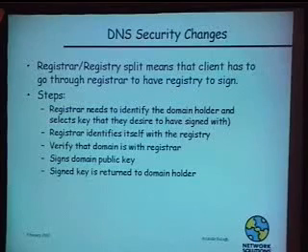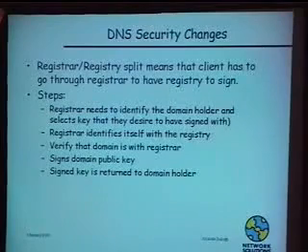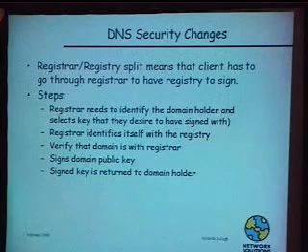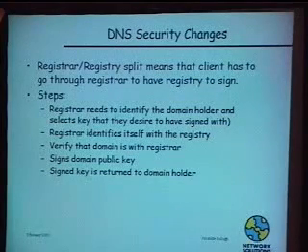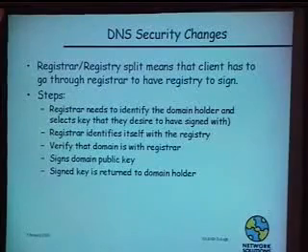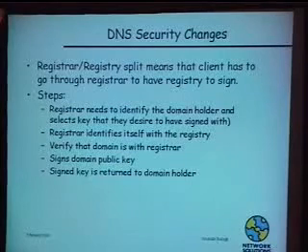They will then authenticate with the registry with their password or whatever, and the registry will ask: did this domain actually come from this particular registrar? Is that registrar authorized to do anything with this? If so, sign it, and it will be passed back to the originator. So this is our current proposal.